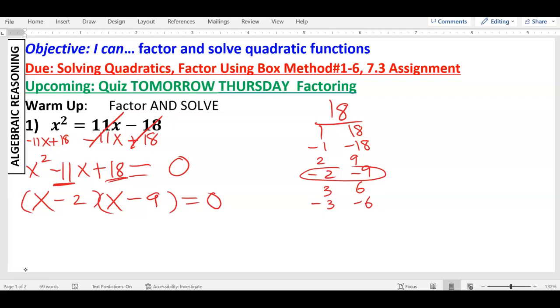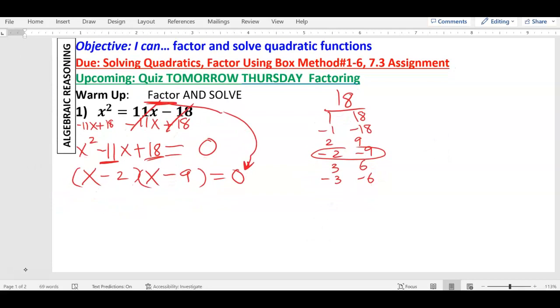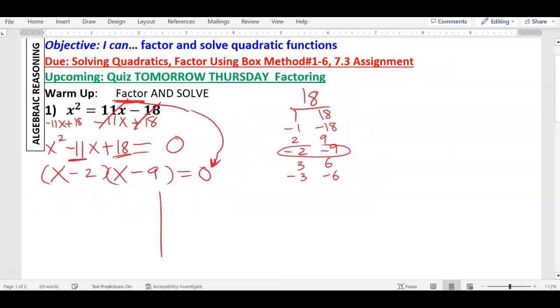All we've done so far is factor, okay? But the next thing we got to do is solve it. We need to make sure we set each parentheses equal to 0. So let's do that. The x minus 2 equals 0, and then the x minus 9 equals 0, okay? Now, can you solve these one-step equations?